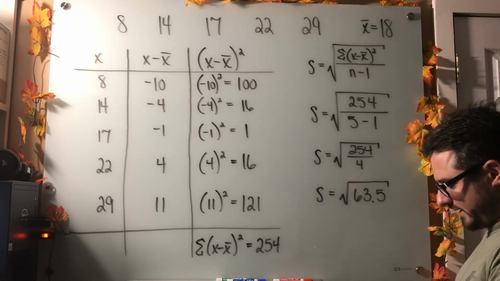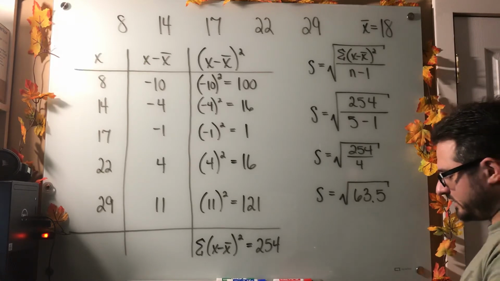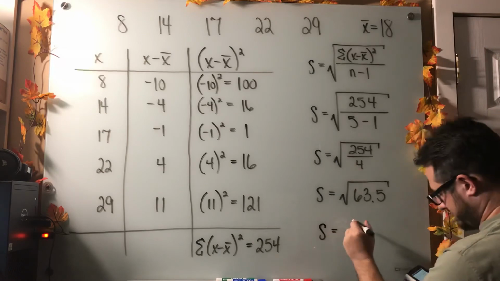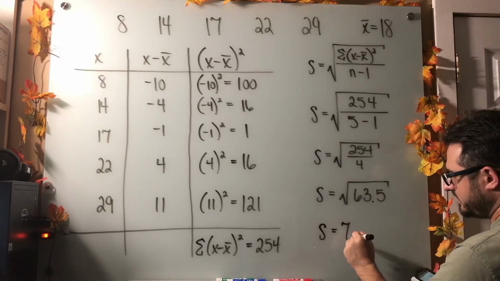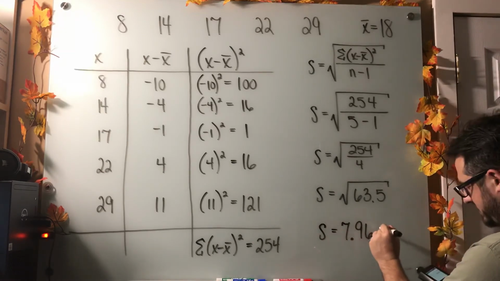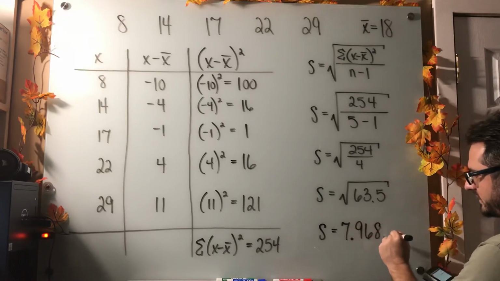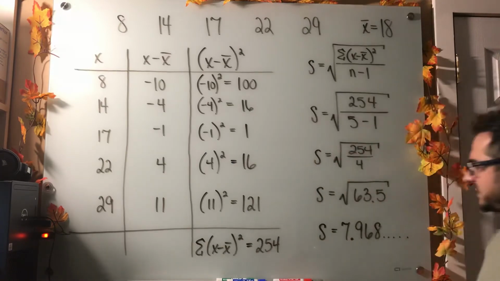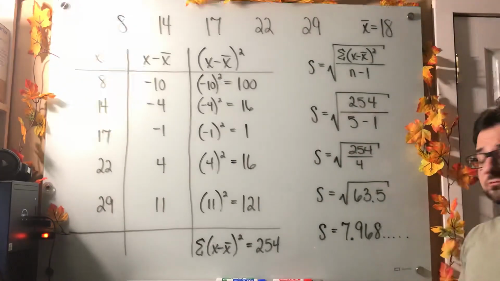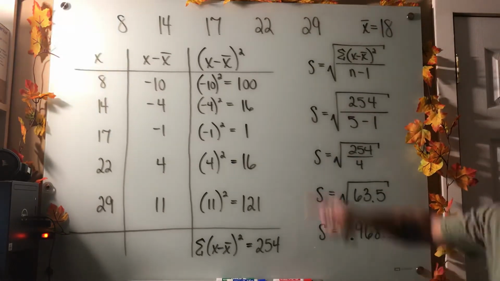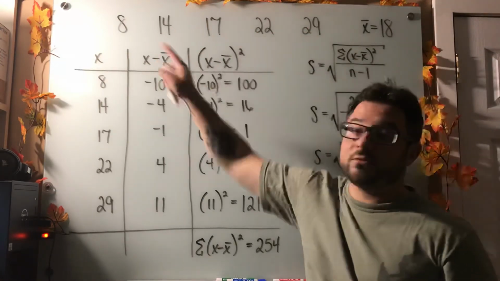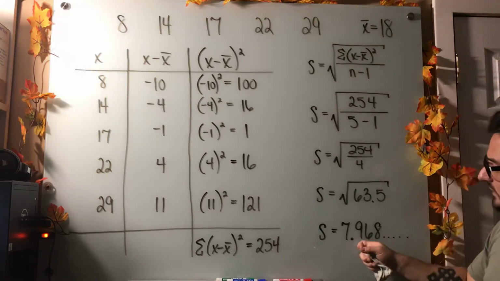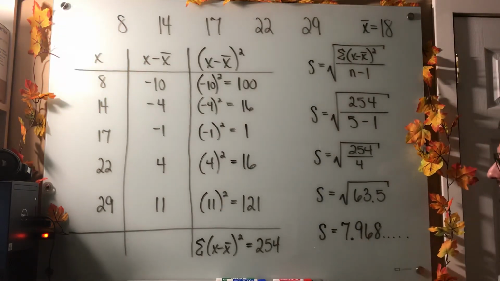So we now turn to a calculator and do the square root of 63.5. And what we get is 7.968, etc. Now, we don't need to go hog wild with listing decimal places. We will follow the rounding rule, and that is that since the data values are measured as whole numbers with no decimal places, we can round this to 1 decimal place.